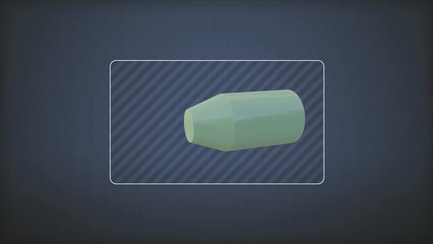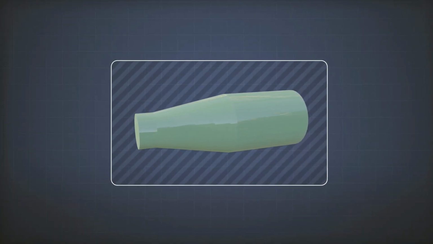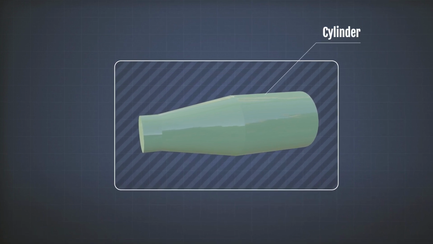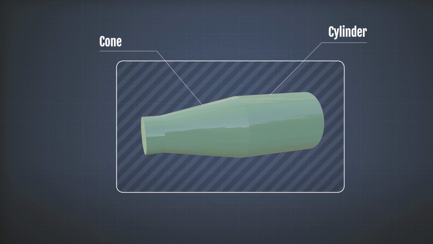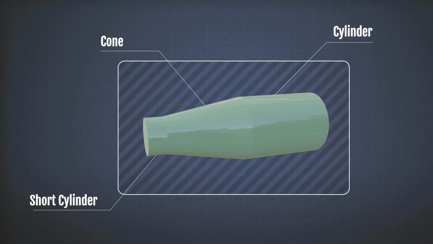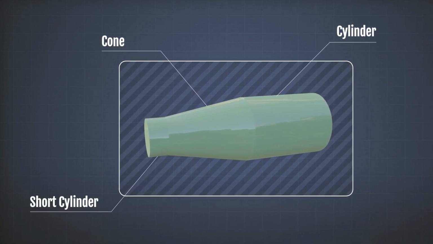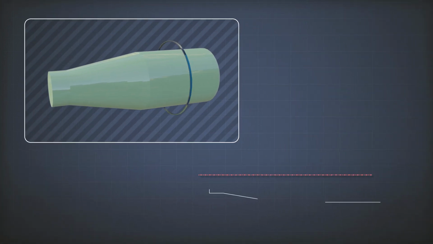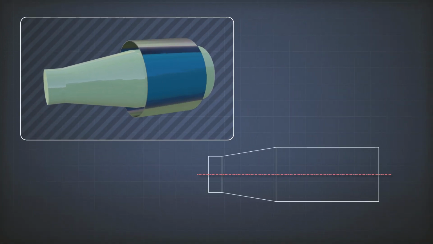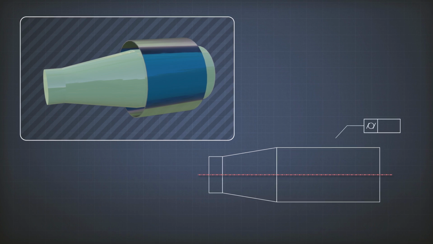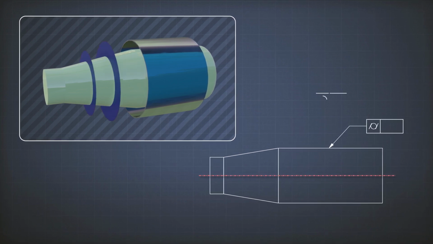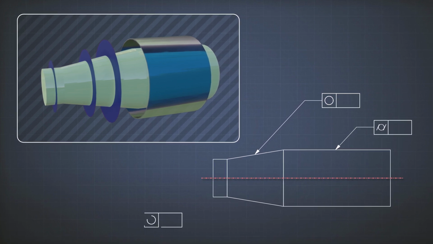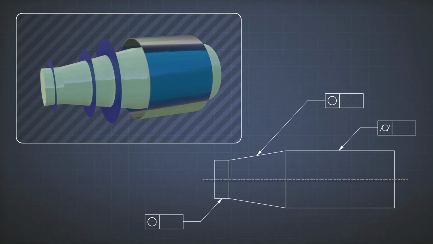So, here is a real-life example. How can we tolerate this part? It has a cylindrical segment and a cone element attached to it, and also a short cylindrical segment. So, we have a long cylinder, short cylinder, and they're connected by this cone. Normally, you would use for the long cylinder the cylindricity tolerance, and for the conical part, you would use circularity tolerance, and for the short cylinder, you will also use a circularity tolerance.